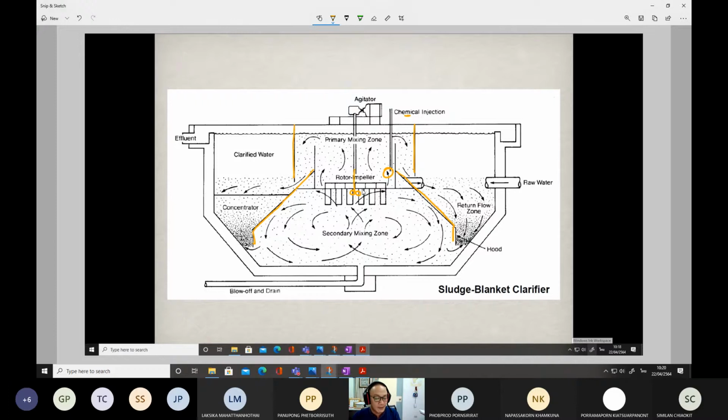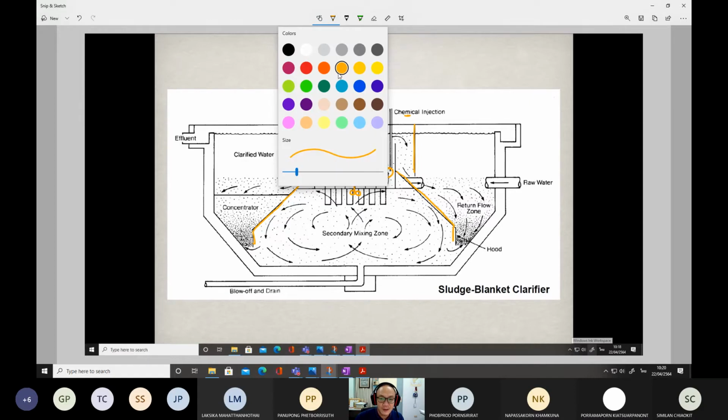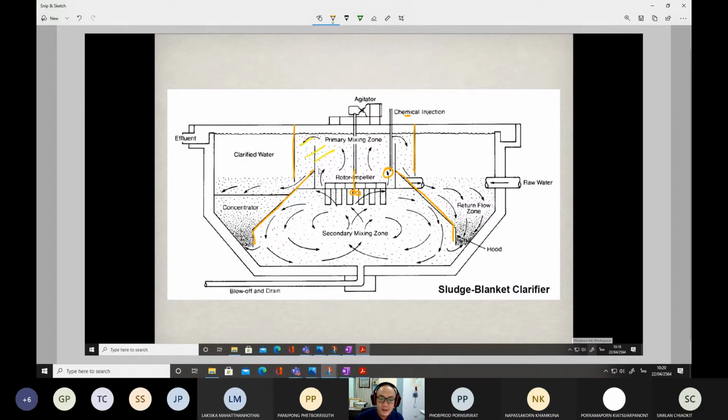There is only one impeller here. It creates the mixing, but the problem is if you consider the upper part. This is the upper part, and this is the lower part.